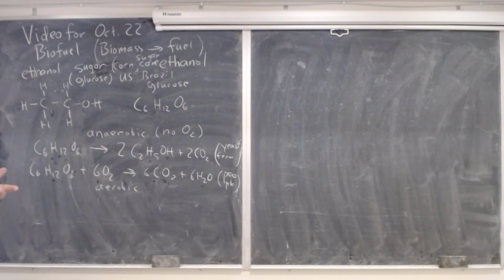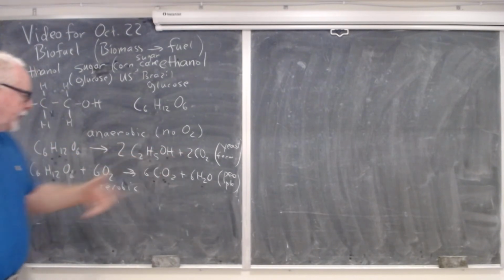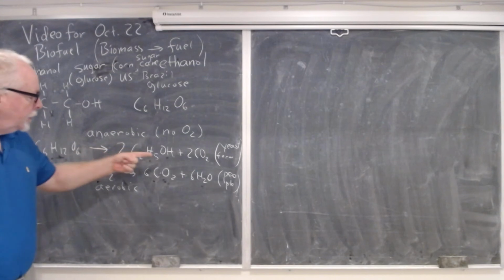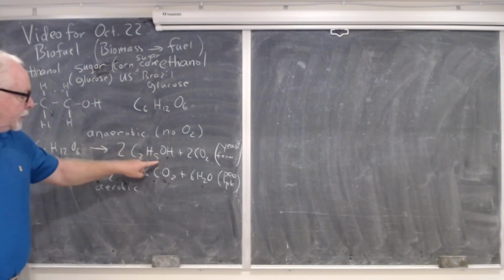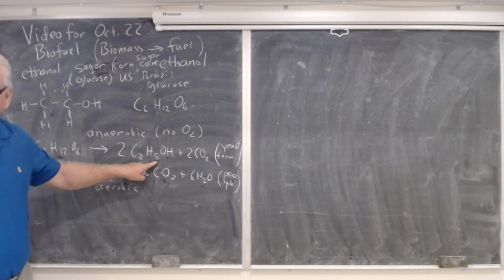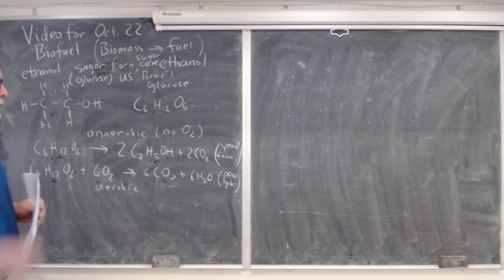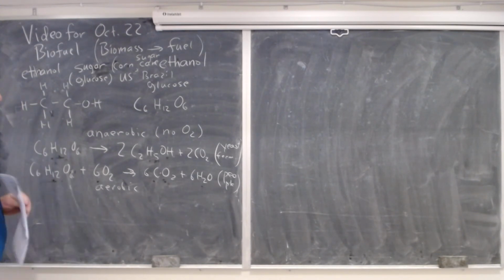You can think about it that what yeast do is take the energy in glucose and get part of it, but leave some fraction of the energy in the ethanol as a byproduct. And that's just how it works.